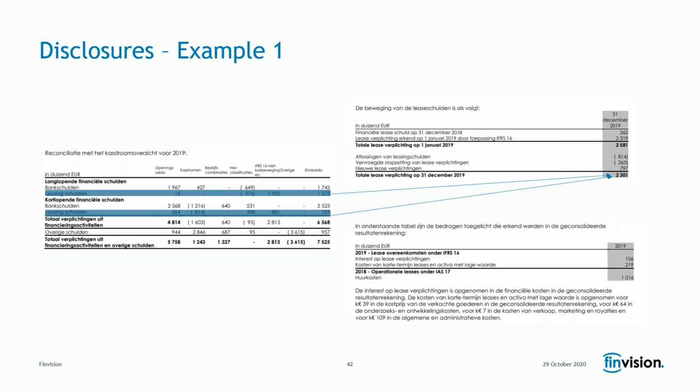What you also present is the interest expenses and also other expenses resulting from short-term leases or low-value assets. That is the table here, for instance, as an example on the right-hand side, the lower table. So the interest expenses and the expenses from short-term or low-value assets should also be disclosed separately.